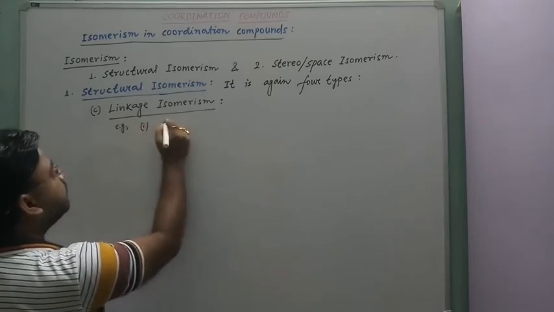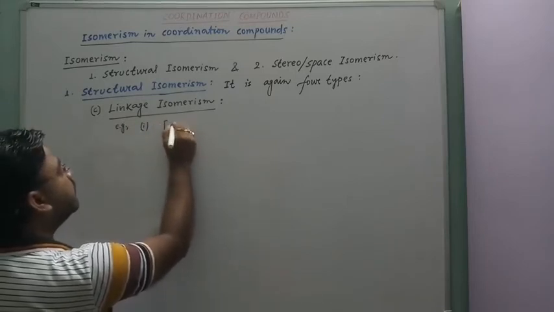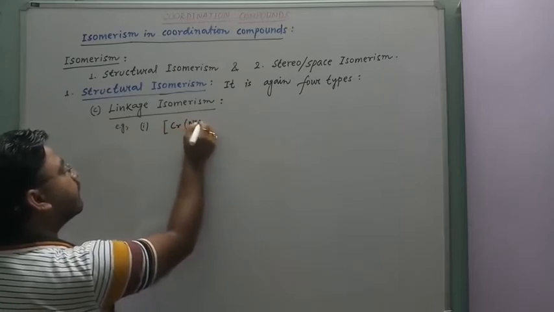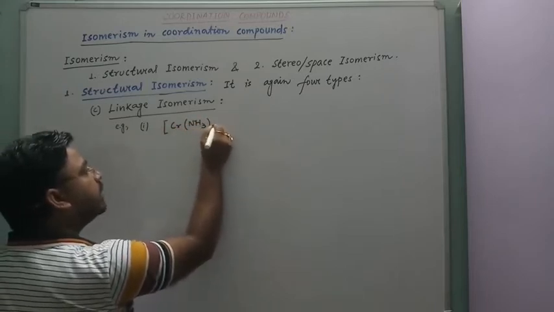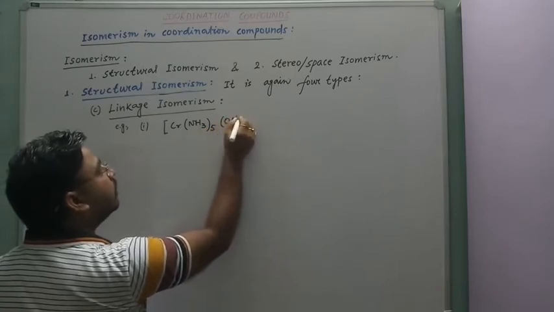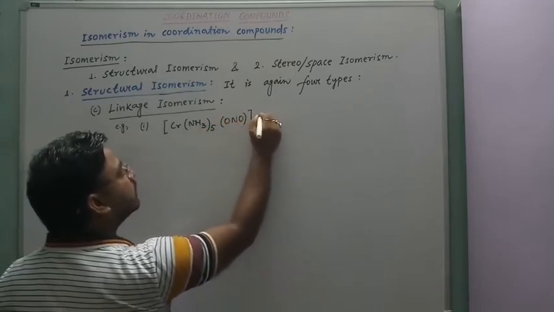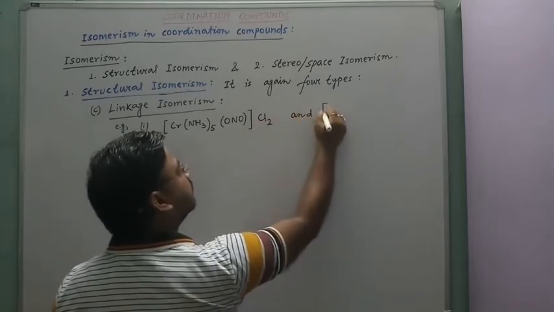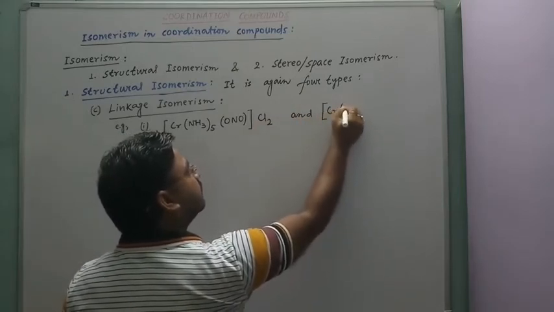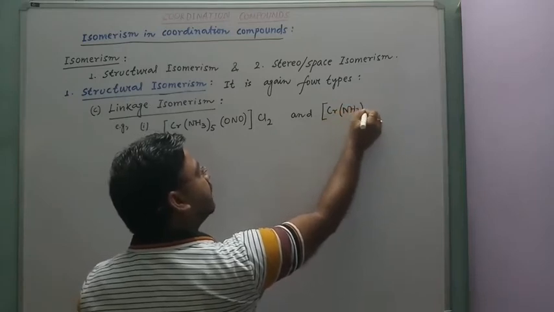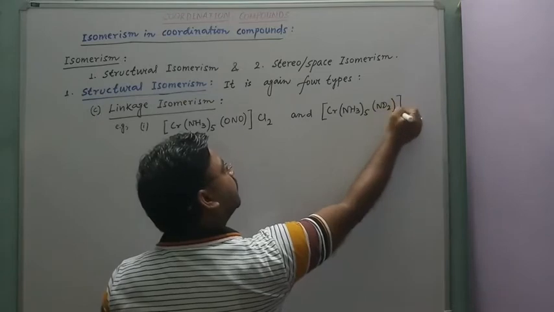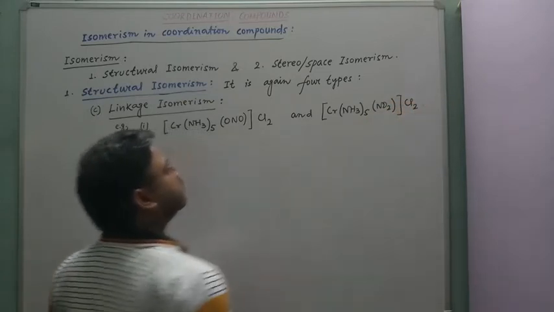So first example, [Cr(NH3)5(ONO)]Cl2 and [Cr(NH3)5(NO2)]Cl2.